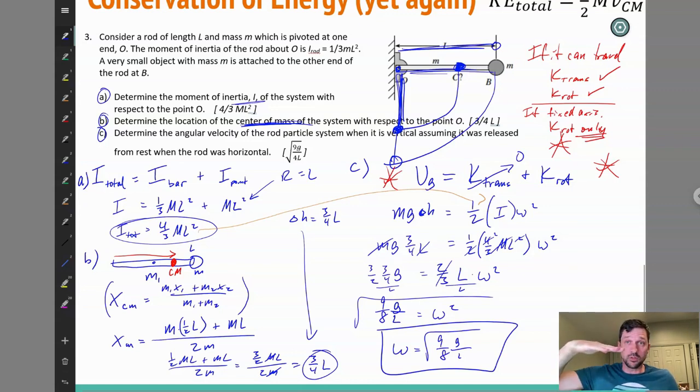As it goes from horizontal to vertical, we measure only where the center of mass is and how far it falls. That's the change in height. And finally, we set up our conservation of energy equation and recognize whether translational kinetic energy is there or not, depending on whether the axle is free or fixed.